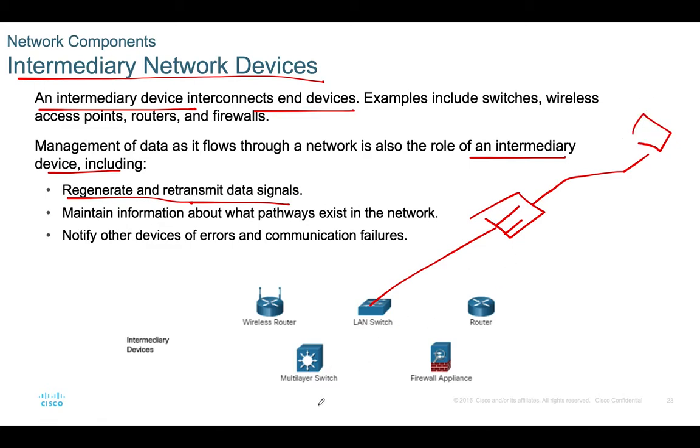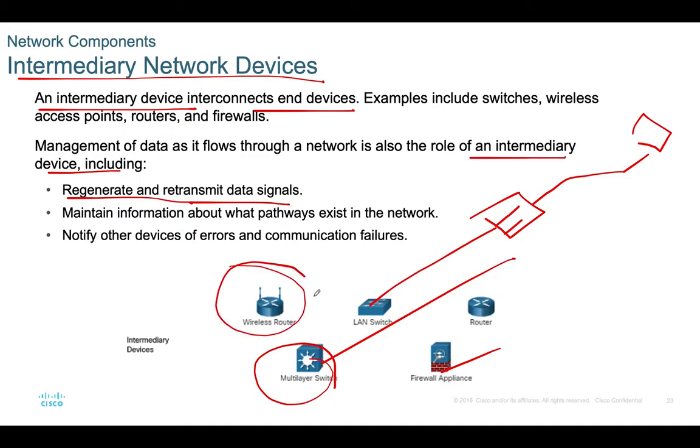Other types of intermediary devices are firewall appliances and multi-layer switches, which are more powerful than a LAN switch but less powerful compared to a router. Instead of using wired Ethernet or LAN, you can also use a wireless router. Routers or wireless routers connect mobile devices. That's the reason why a wireless router also becomes an intermediary device.